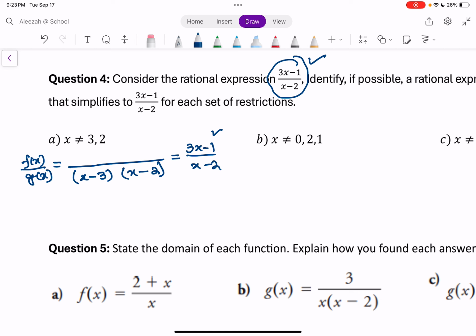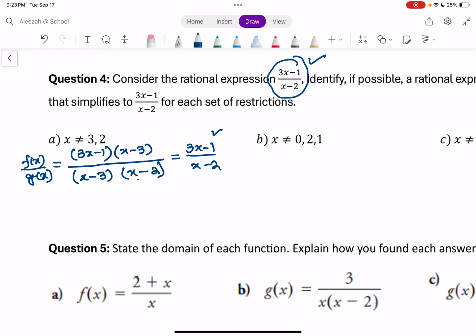Here x minus 3 is not in my answer, so I can write x minus 3 and 3x minus 1. This is because when I simplify, x minus 3 will cancel out, and I will be left with 3x minus 1 divided by x minus 2, which is my answer. But the restrictions are x minus 3 and x minus 2.